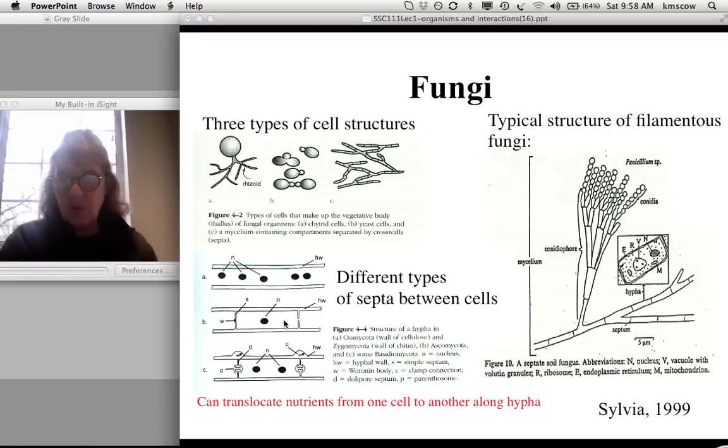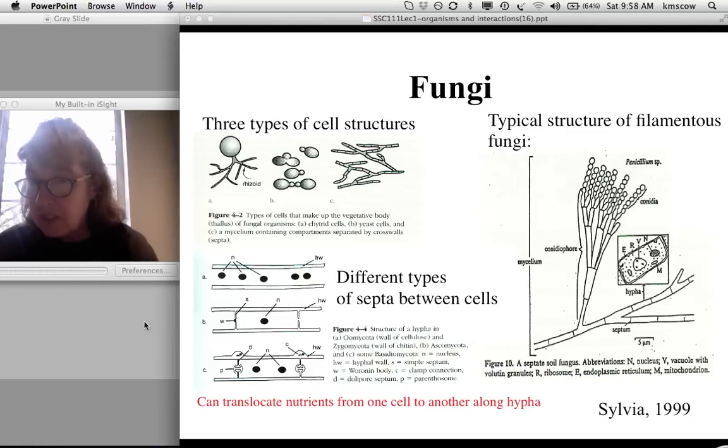Here's what is called an ascomycete, and this is a basidiomycete, that have these different kinds of little portals, I guess, that let things move between individual cells, because of course fungi do have this ability to translocate material across different cells along the hyphae.